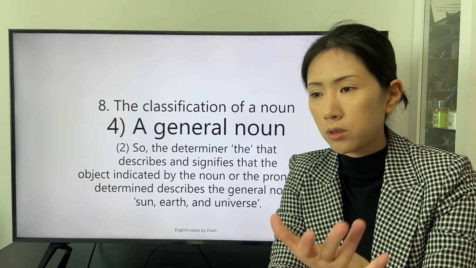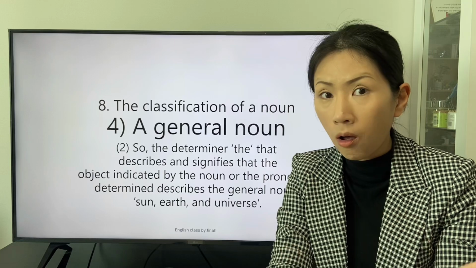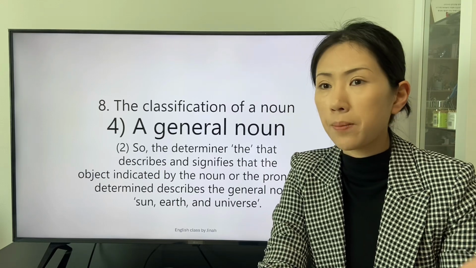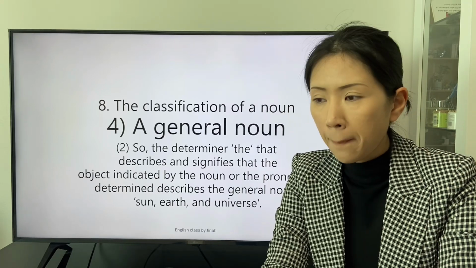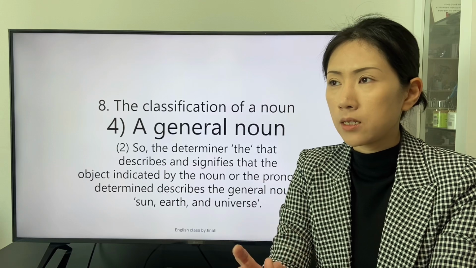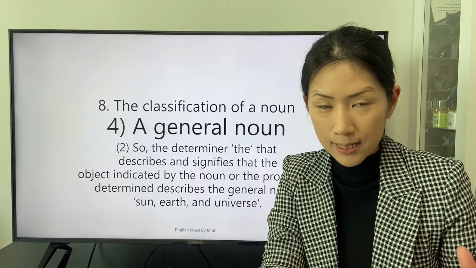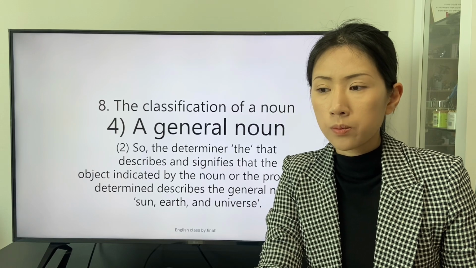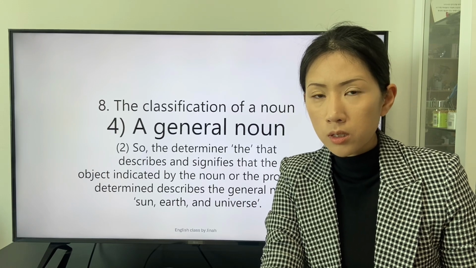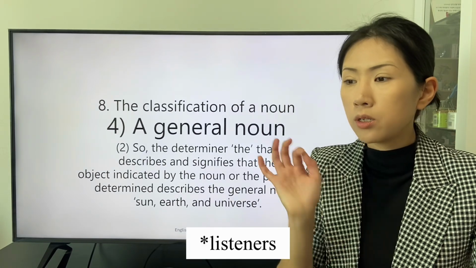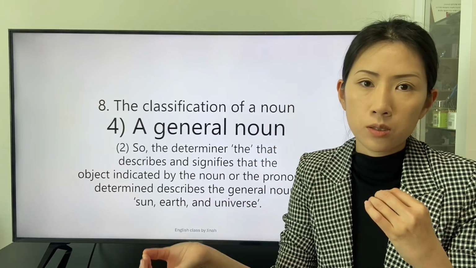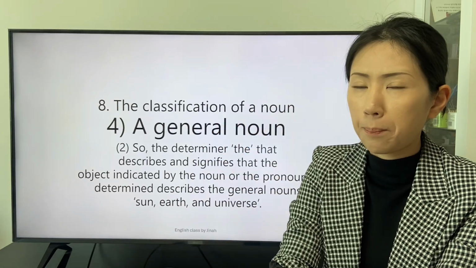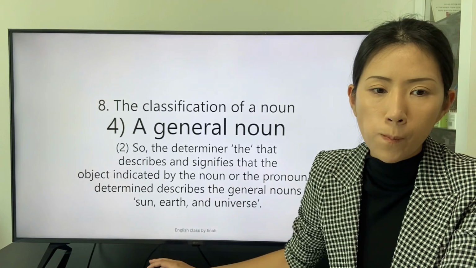We can know the trait of the determiner the. The object described by the determiner the is definite, set. So the speaker and the listener know what the object is with the description by the determiner the.